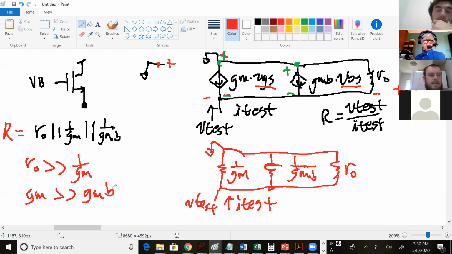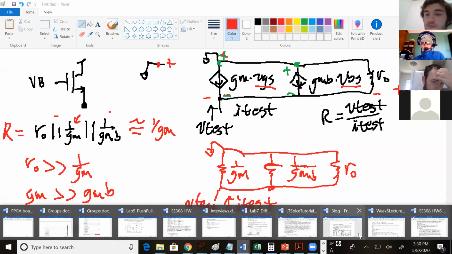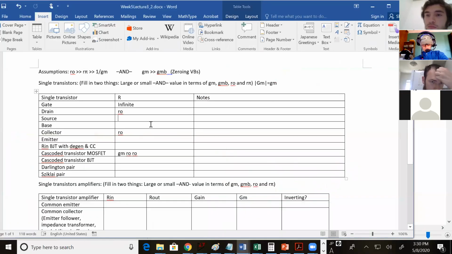So if GMB is much smaller than GM, is 1 over GM bigger or smaller than 1 over GMB? Smaller. Okay. So if this is smaller than both of these, then what's this approximate to? 1 over GM. So the resistance looking into the source, you can go back to our table here, is 1 over GM.